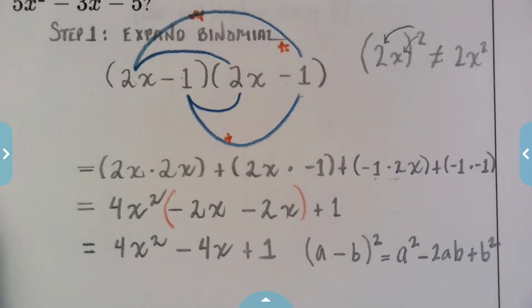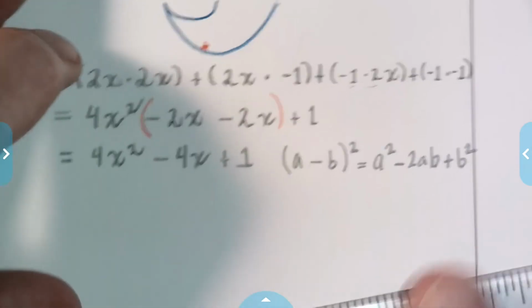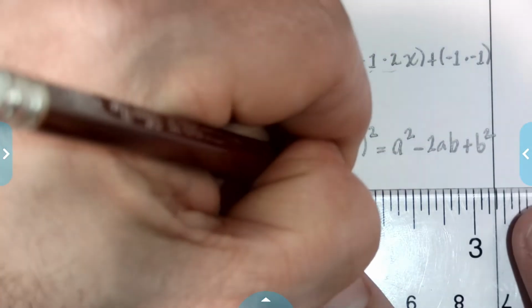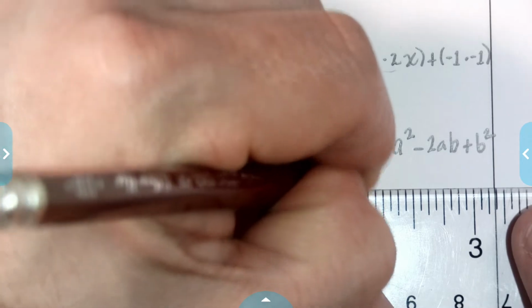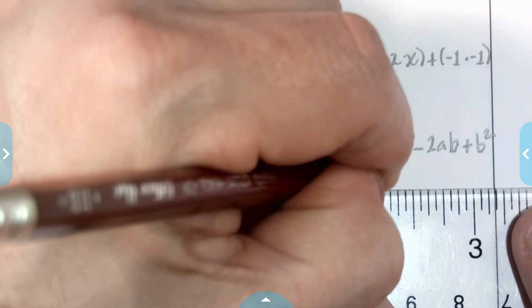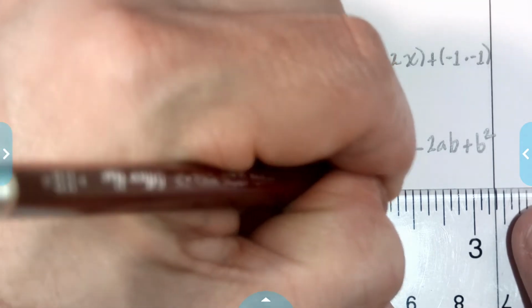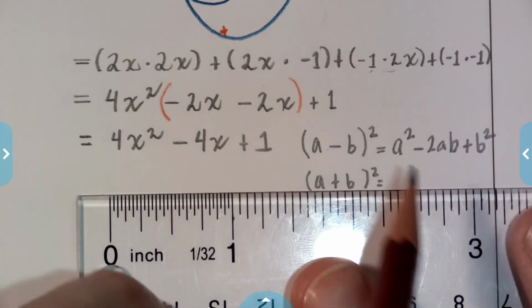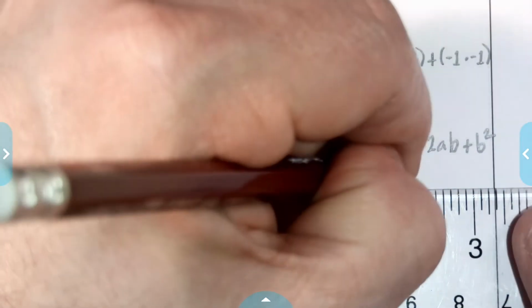So anyway, there are just slight differences. I'll put the other one beneath it so you can see the difference. So this is (a plus b) squared. Okay, the only difference is this symbol right here. This is going to be a squared plus 2ab plus b squared.